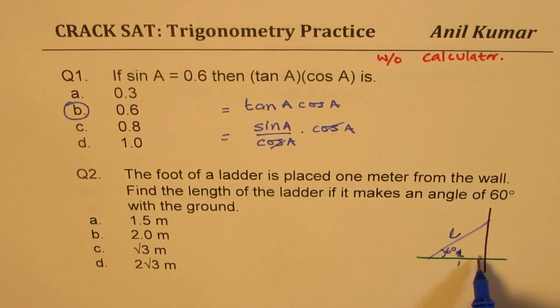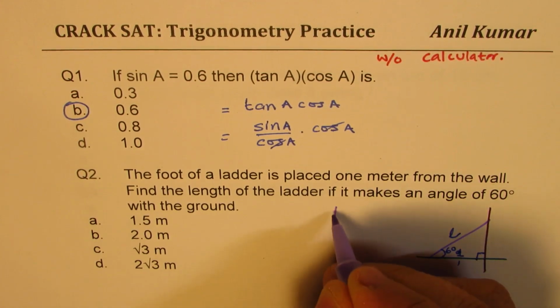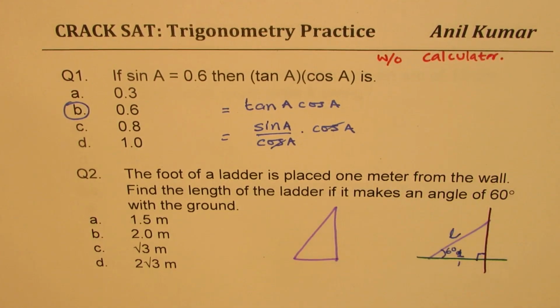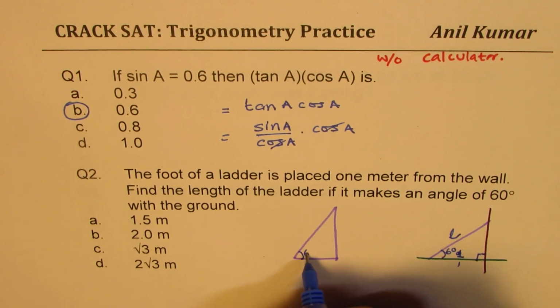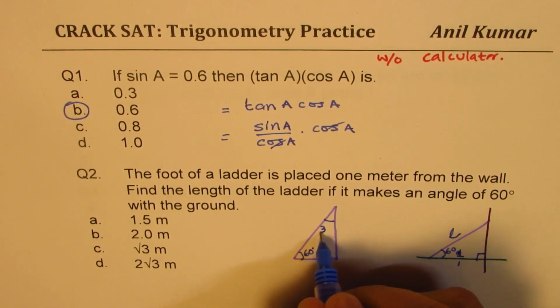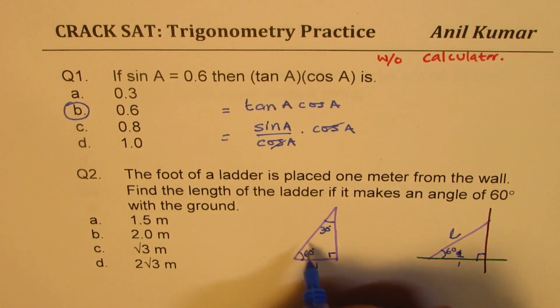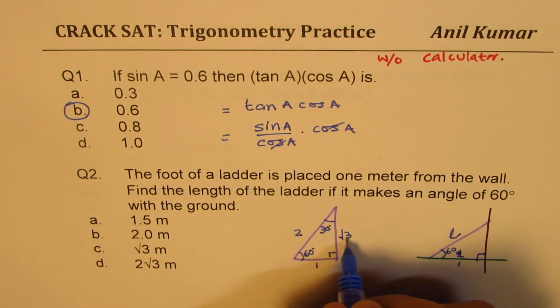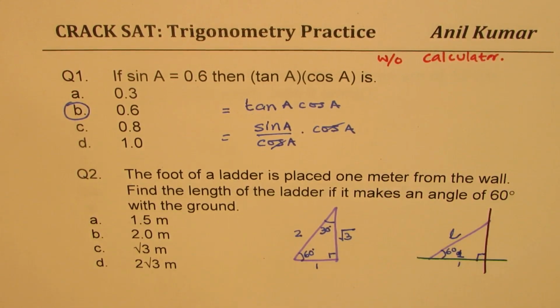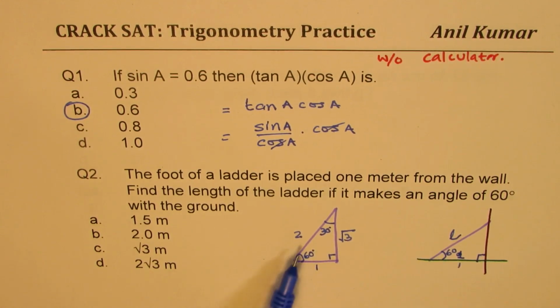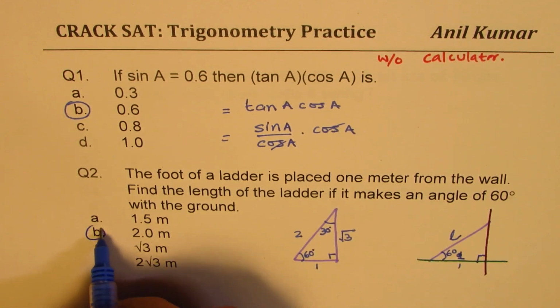Now whenever you get a 30, 60, 90 triangle, you should think about your special triangle, correct? For any special triangle with 60, 30, 90, the ratios of the sides are 1 to square root 3 to 2. That always helps, right? So as soon as you put this triangle on the side, you get the length of the ladder is 2, so you can straight away match and write down your answer.